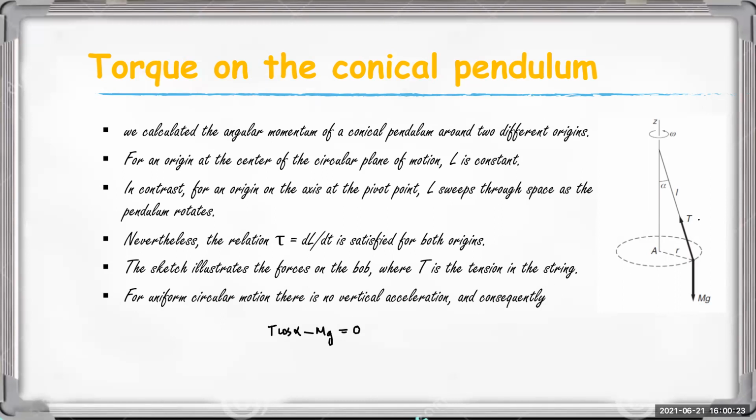Or if you find the component of tension along this direction, this must be equal to T cos alpha. Then T cos alpha minus mg is equal to 0.